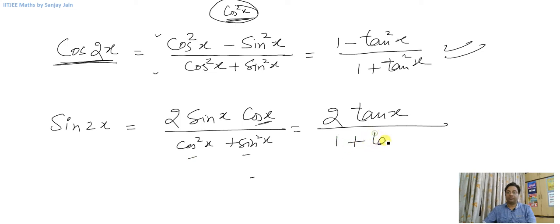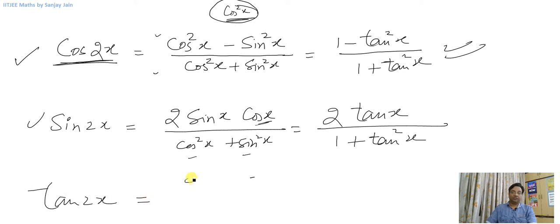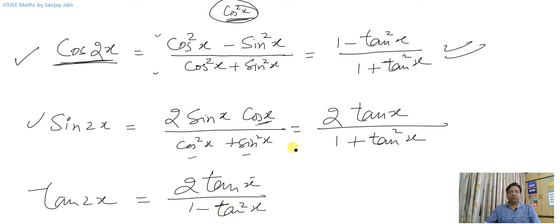So 1 plus tan square x, right? And similarly you can see, if you divide this expression with this one, you will get the expression for tan 2x, which is 2 tan x divided by 1 minus tan square x, right? So what you can do is, you know the denominators are going to be 1 plus tan square x in both of these.